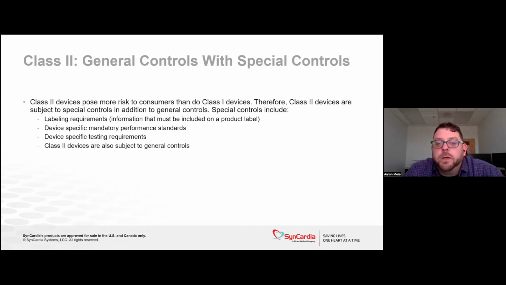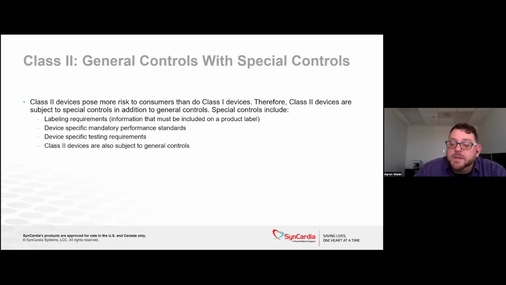Class 2 devices follow general controls with special controls, right? These are more risky devices. So they therefore are then required to comply with additional requirements to demonstrate the safe and effective use. There are more labeling requirements on the device, what can and cannot be put on the label.